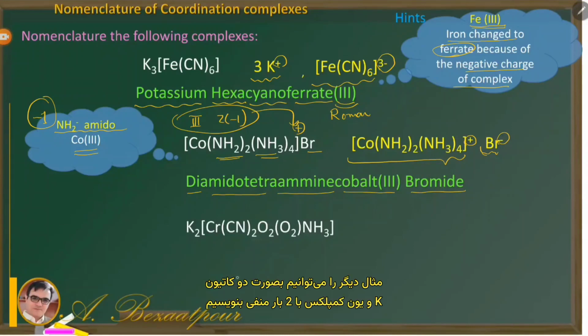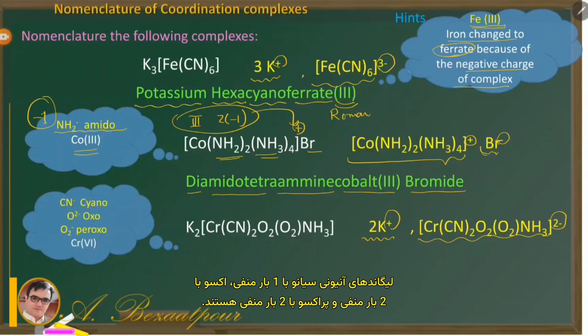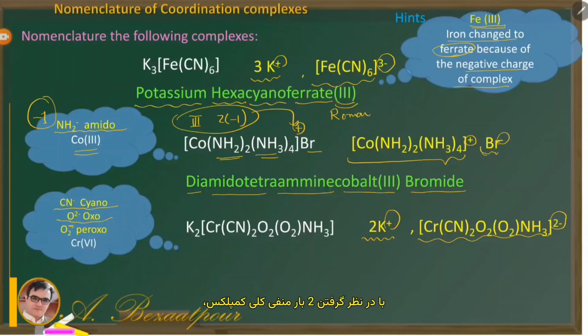In another example, we can write 2 K cations and the complex with 2 negative charges. The anionic ligands are cyano with 1 negative charge, oxo with 2 negative charges, and peroxo with 2 negative charges. Considering the overall 2 negative charges of the complex, we can deduce the 6 plus oxidation state for the chromium.